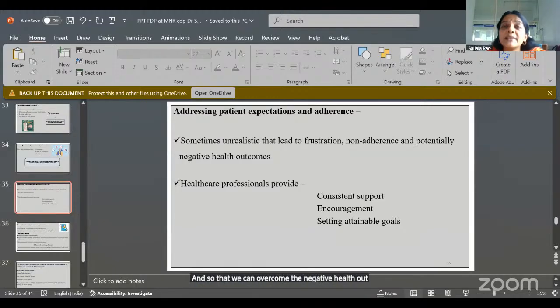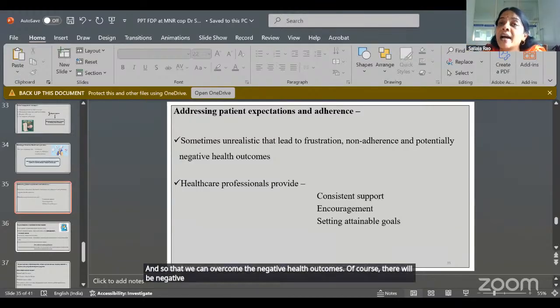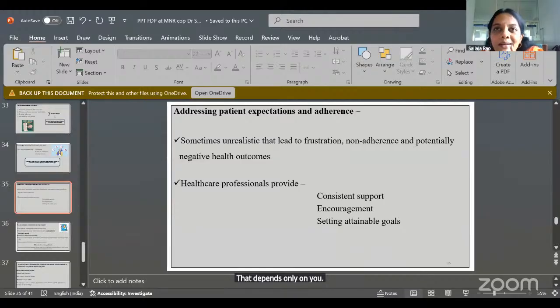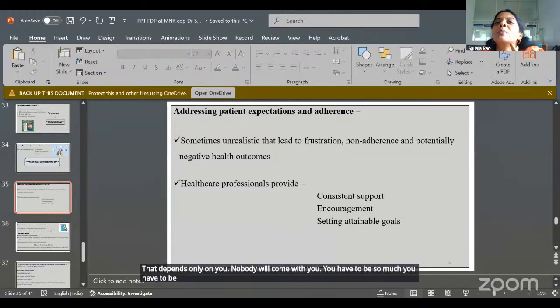Of course, there will be negative things which we have to combat, but we have to keep them aside and move on. That depends only on you. Nobody will come with you. You have to be so determined that you should be able to do it.